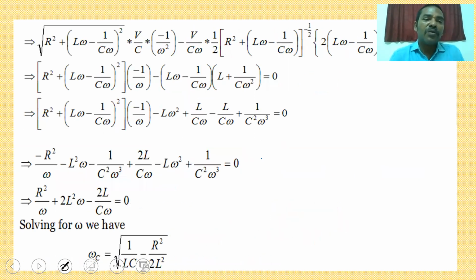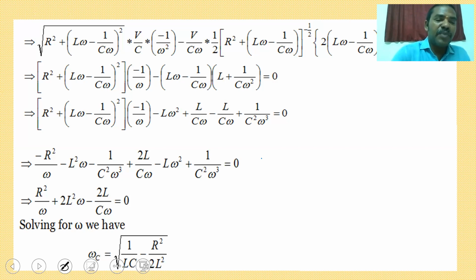Then root of R square plus (L omega minus 1 by C omega) square into V by C into minus 1 by omega square minus V by C omega into 1 by 2 (R square plus (L omega minus 1 by C omega) power minus 1 by 2) into 2 times of (L omega minus 1 by C omega) into (L plus 1 by C omega square) is equal to 0.